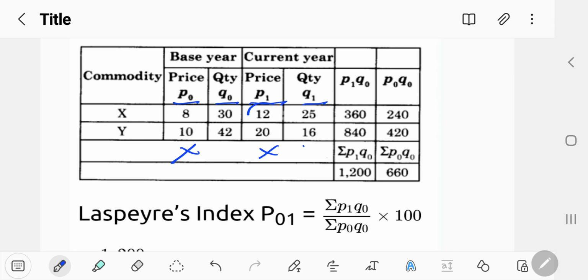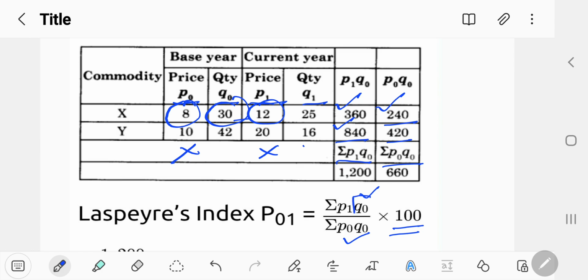So I am multiplying price of current year with the weight, which is quantity of base year, similarly for good Y. Now I am multiplying price of base year with the weight, which is quantity of base year only. So here I got the total of P1Q0 and P0Q0. I will divide sum of P1Q0 by sum of P0Q0 and multiply with 100.